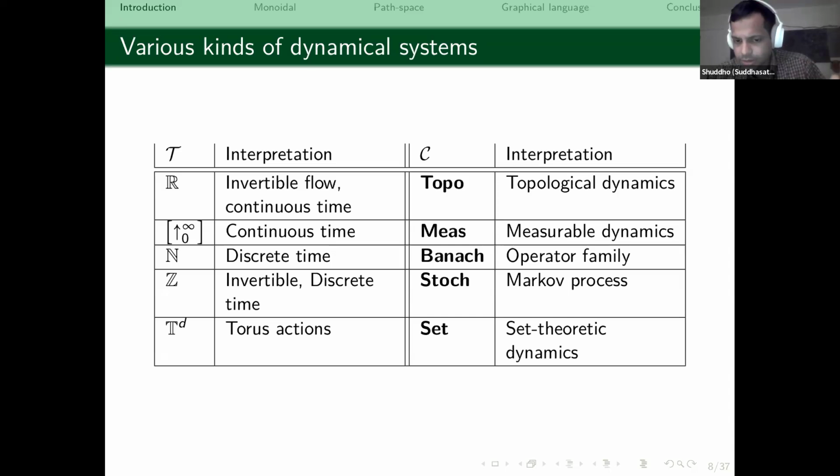These assumptions are incorporated in the choice of the categorical context. And assumptions about the map, the nature of the map, are directly encoded into whatever arrows or morphisms are allowed by the category, and assumptions about the phase space itself.